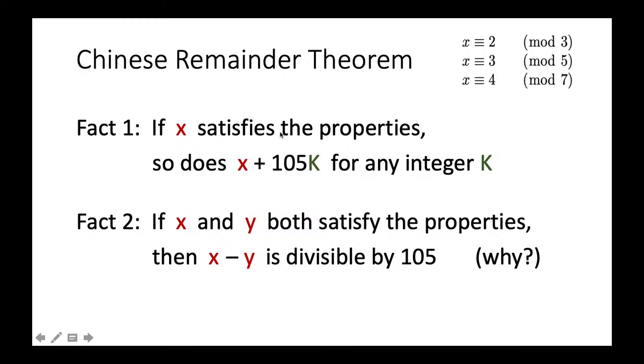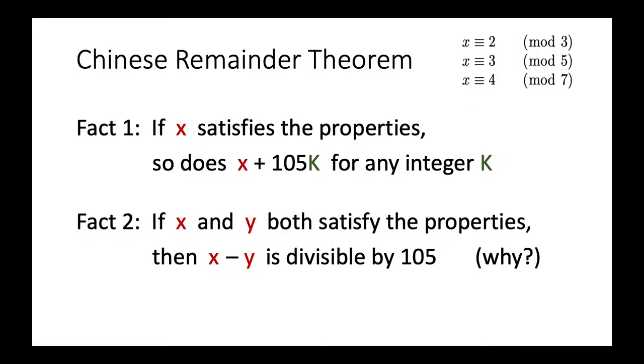The second fact is like the converse, for any two numbers. If someone tells you that two numbers satisfy these properties at the same time, so let's say x has this property, and let's say y also has this property: y divided by 3 has remainder 2, y divided by 5 has remainder 3, y divided by 7 has remainder 4.